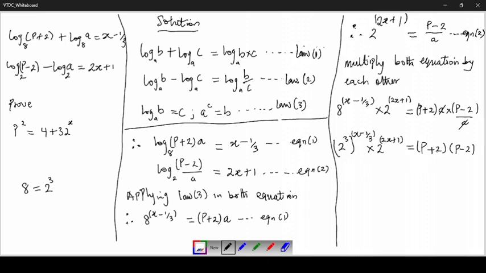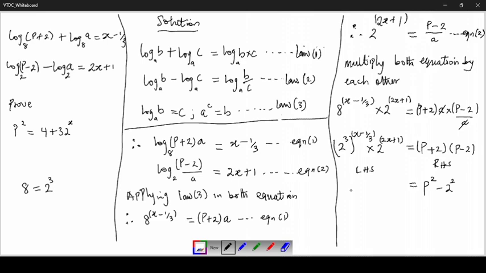So at this point, on the right hand side of the equation, we have the difference of two squares, which literally means p squared minus 2 raised to the power of 2. That is difference of two squares. Once you expand this bracket, you will get the difference of two squares.